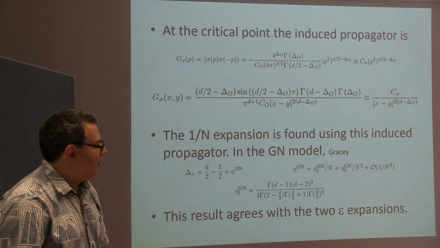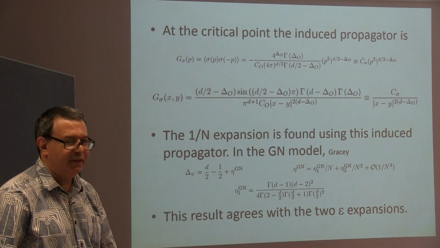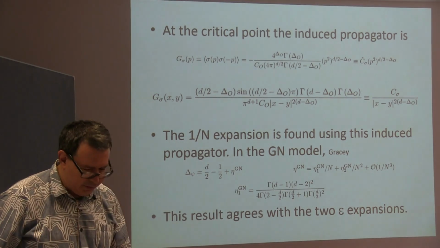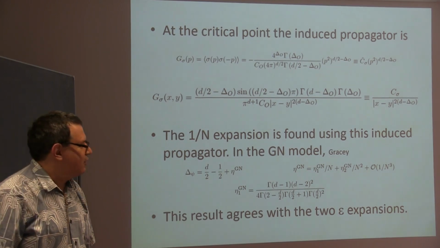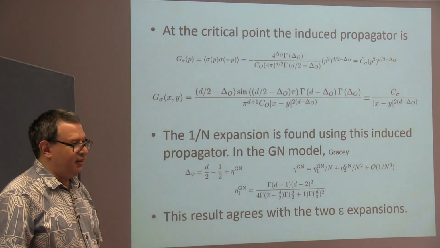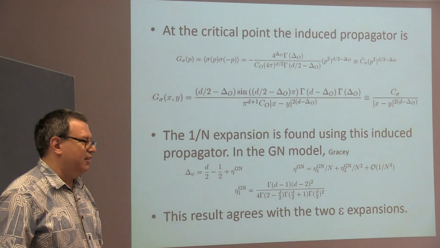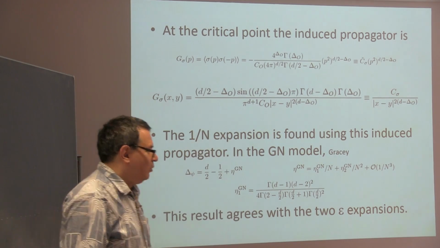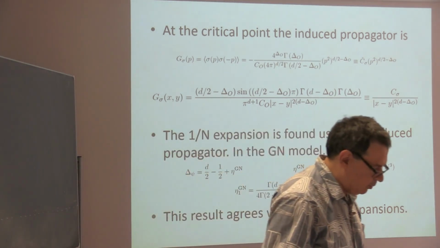But maybe before I switch gears to the 't Hooft large N limit, I want to comment a little bit about these vectorial theories. You saw that basically the 1/n expansion is analytically doable in any D. Why is that? Why are these series so doable?